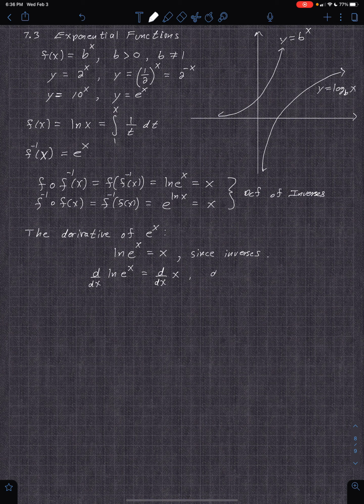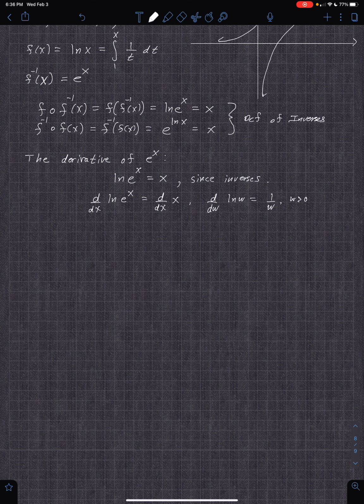And we also remember that d/dw of ln w is 1 over w. Okay, so this left-hand side, d/dx of this is going to be 1 over e to the x.